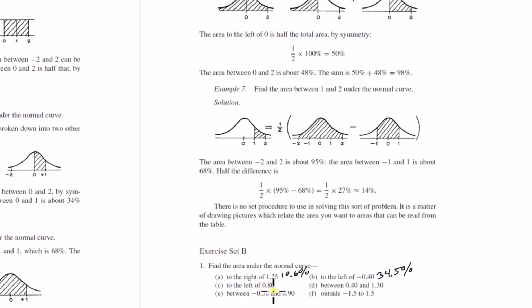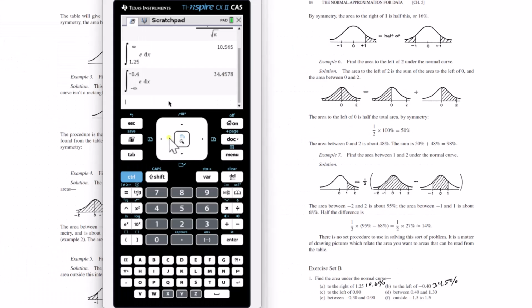Okay, to the left of 0.8. To the left of 0.8, so just the upper limit is 0.8. 78.8%.